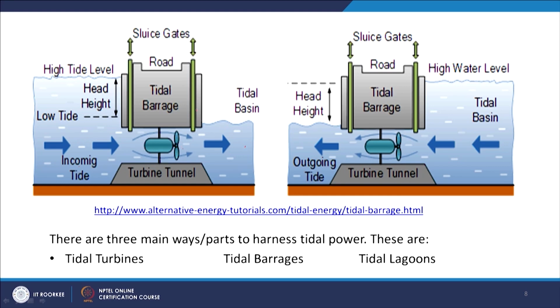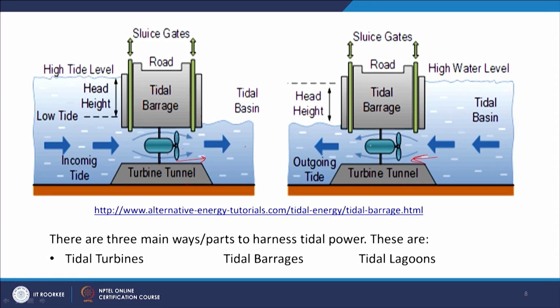So, we can make one barrage here, and the turbine will be used for the production of electricity. In the other case, when the water level is high here at the tidal basin, then again water will move in this direction, and this turbine is able to work continuously and give electricity.